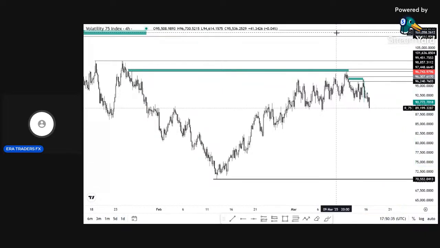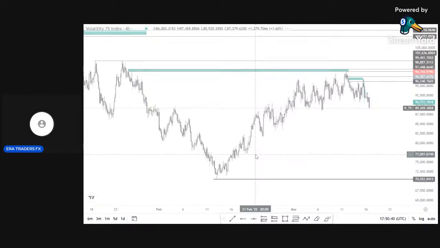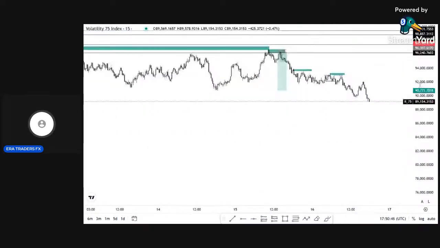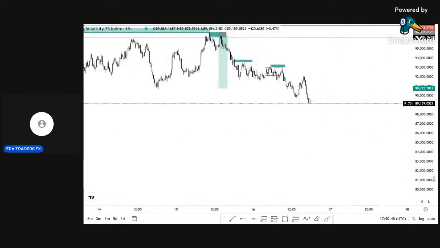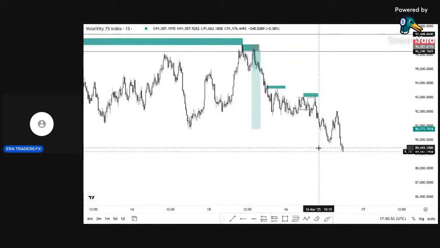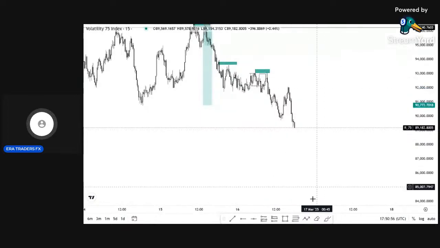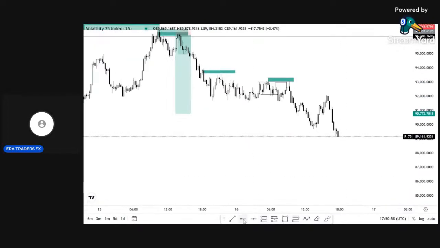I missed a sell setup for this one, because let's see the 15 minutes time frame. This was the first, second. This one wasn't clear.